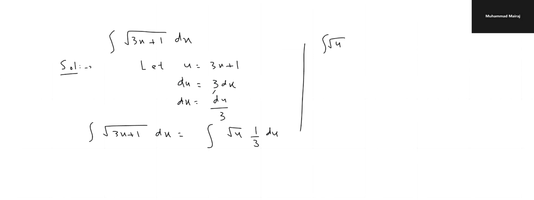We take 1 by 3 out of the integral because it is constant, du, and this is equal to 1 divided by 3 u power, so the square root is 1 by 2 plus 1 divided by 1 by 2 plus 1 and plus some integration constant, and that is equal to 1 divided by 3 u powered 3 by 2 divided by 3 by 2 plus c.